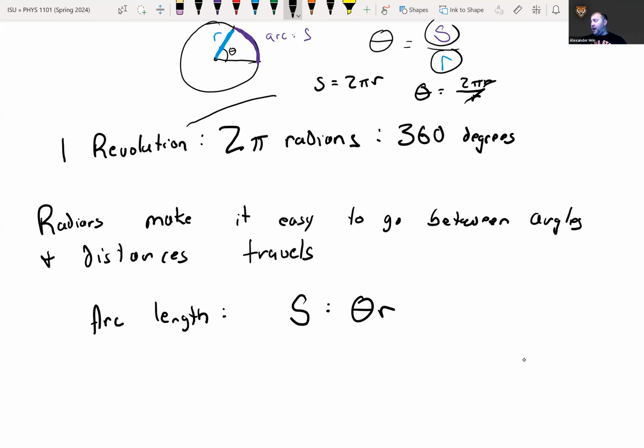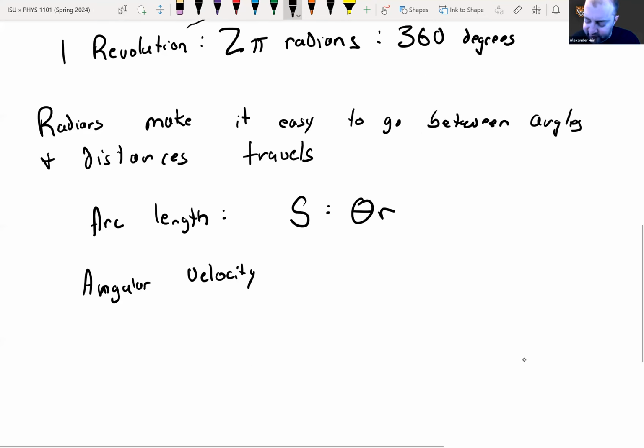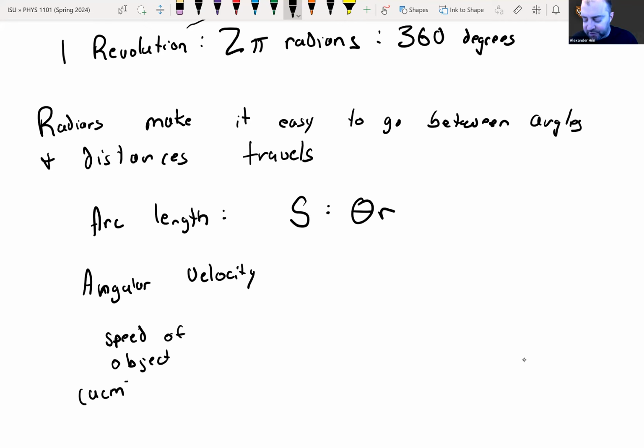Now, that has its uses, but by far the more useful one is angular velocity. The idea behind this is that the speed of the object in UCM, uniform circular motion, is going to be your arc length divided by the time it takes to travel that arc length. No big deal with that.